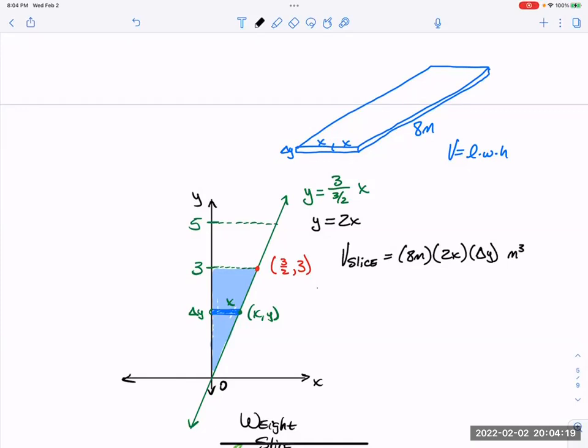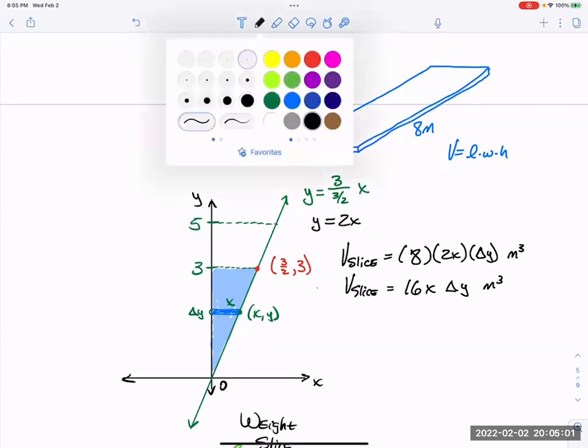If we simplify this, the volume of our slice, multiplying 8 times 2, oh, that was 8 meters. I shouldn't have put that there. I'm sorry. Let's get this out of here and put the 8 there. So the volume of the slice is 16x delta y, in cubic meters. But now, just as before, if we have delta y, we have to express x in terms of y. This is our relationship between x and y. If y equals 2x, then x will be y over 2.